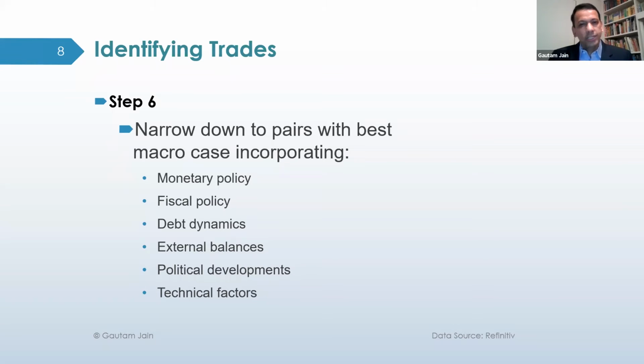So when I overlay that, I can conclude that the currency is cheap, but potentially it could get cheaper, or at the very least, it's going to be very volatile until we get some sense of where the policy is going. So I would probably not put that on or recommend that as a trade.